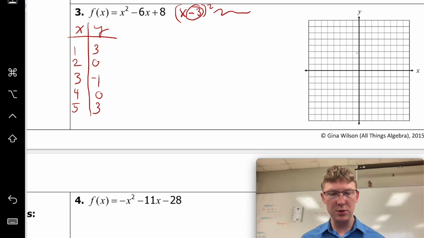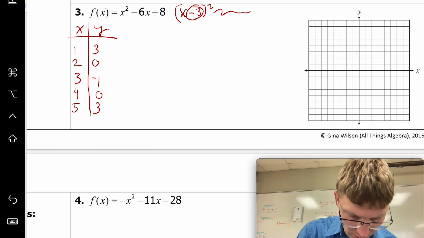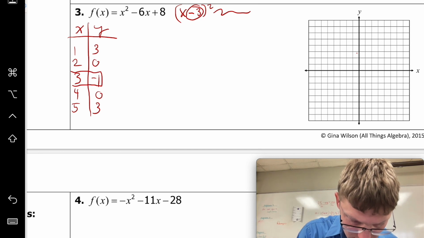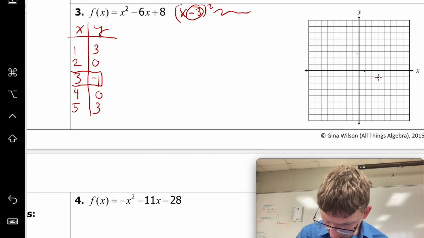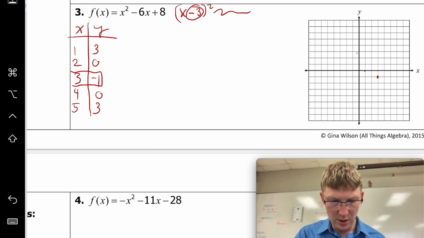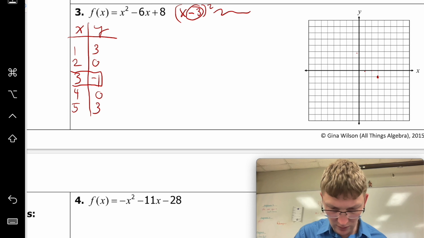And so then we're just going to plot those points, and we'll see where it lands. So we're going to start with our vertex, which is at 3, negative 1. 1, 2, 3, negative 1. We go over to the right, so that's 4, 0.